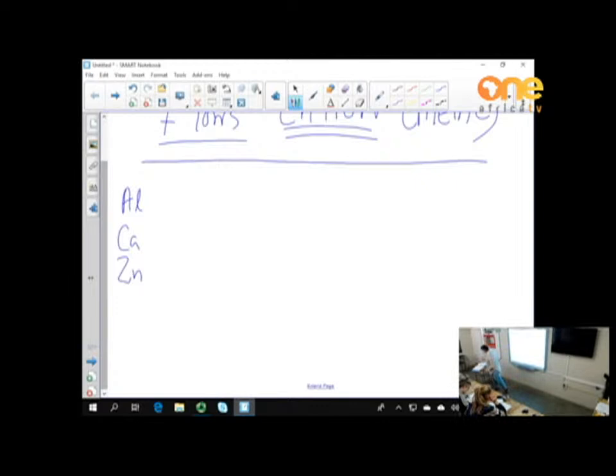Then we will test for copper and iron. Copper is 2+, aluminium is 3+, calcium is 2+, zinc is 2+. We are going to test for copper 2+ ions, and for iron 2 and iron 3 ions.